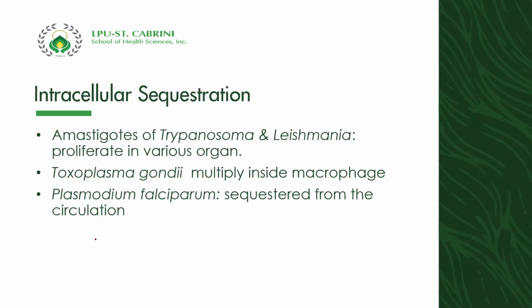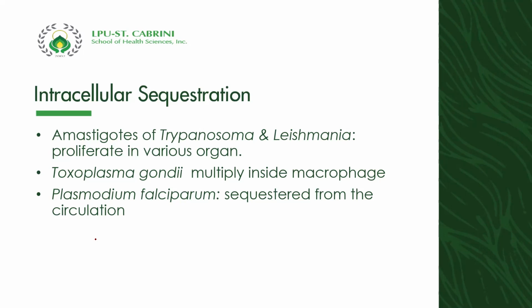Okay? Now, lastly, we have the intracellular sequestration. Amastigotes of Trypanosoma cruzi to be exact, and Leishmania species proliferate in the macrophages in various organs. Now, Toxoplasma gondii multiplies inside the macrophage as well as in the nucleated cells.